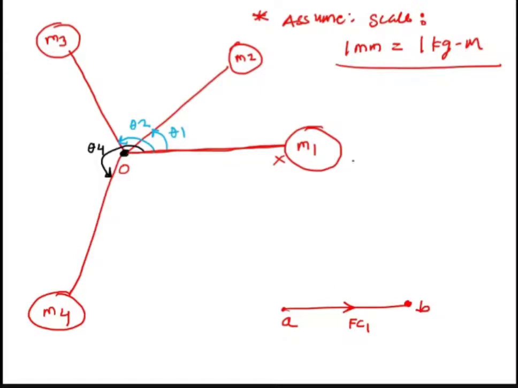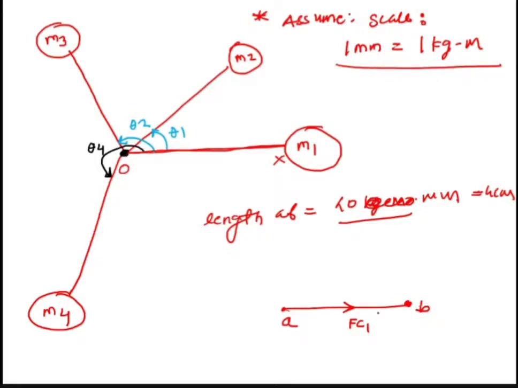So the length AB will be 40 kg meter divided by 1 kg meter per mm, which becomes 40 mm. So you have to draw the line AB of 4 centimeter with your scale, parallel to OM1.